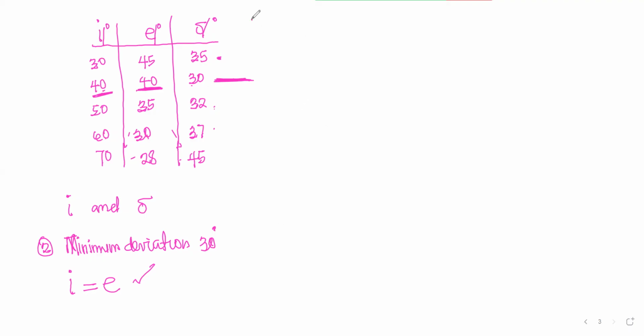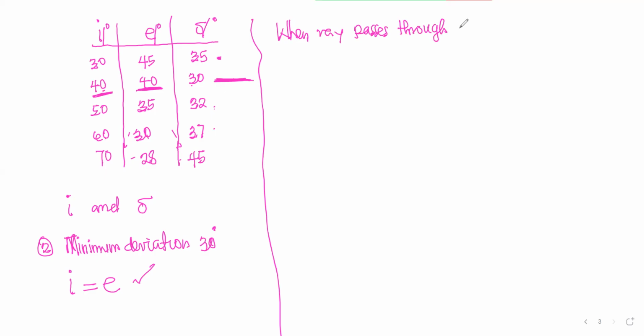From our theory, we saw that where the ray passes through the prism symmetrically, it means we are at the minimum deviation, the least deviation.